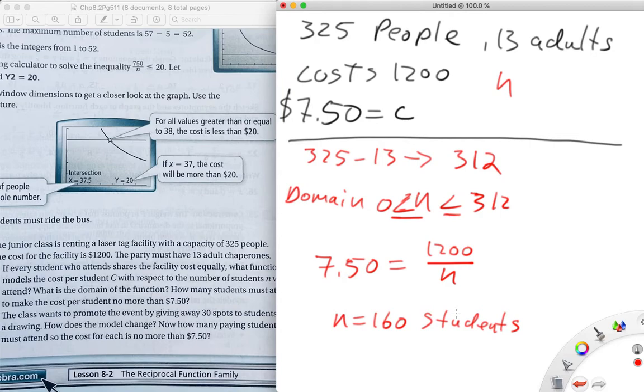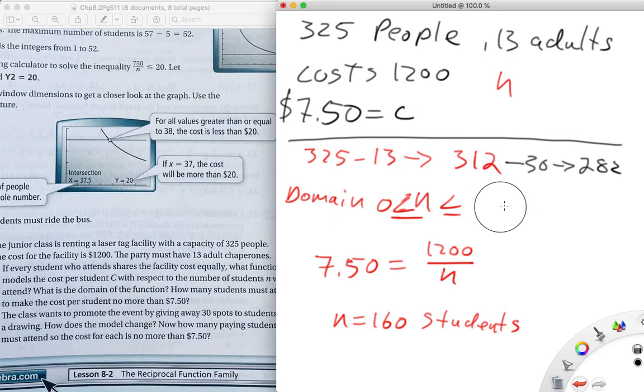They then say that they're going to give away 30 tickets. How many students will you need to cover the cost now? Okay, so instead of 312, we're giving away 30. So that's 302, 292, 282. So we're now, instead of 312, we now have 282.